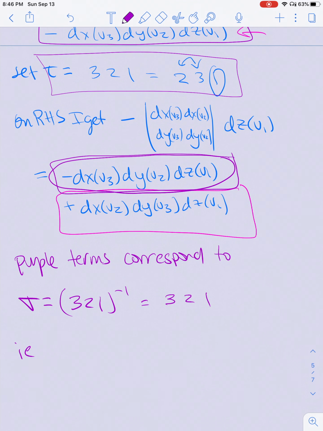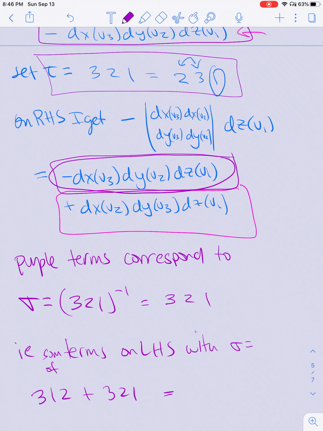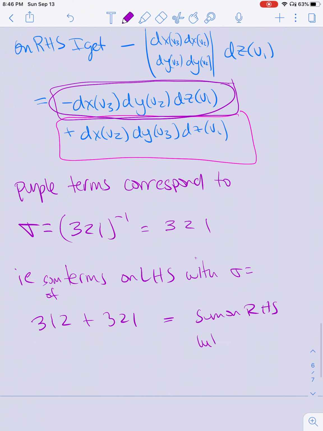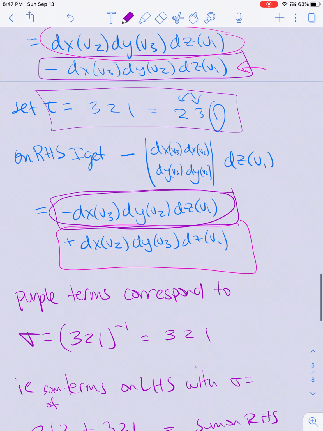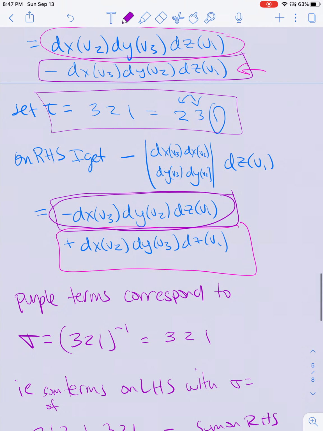I.e. the sum of the terms on the left-hand side with sigma equals 3, 1, 2 and 3, 2, 1 is equal to the sum on the right-hand side with tau equaling 3, 1, 2 inverse and 3, 2, 1 inverse, which is 3, 2, 1, and then 3, 1, 2 inverse is 2, 3, 1.